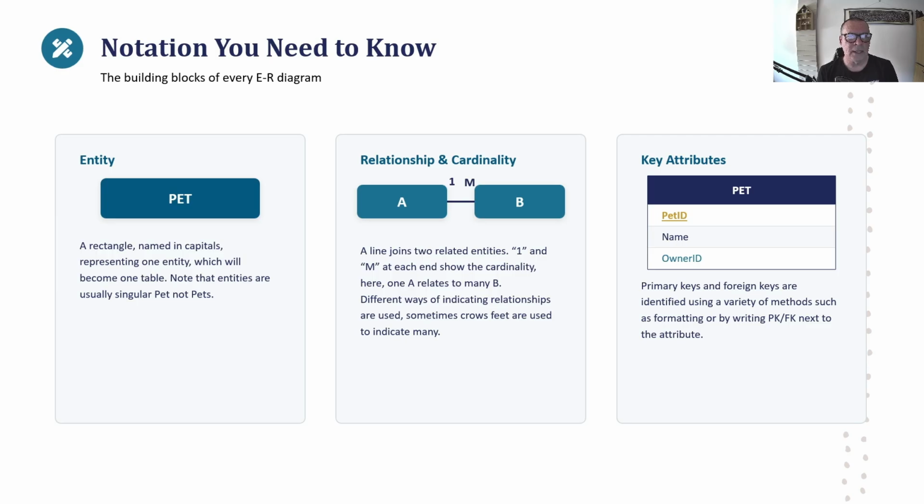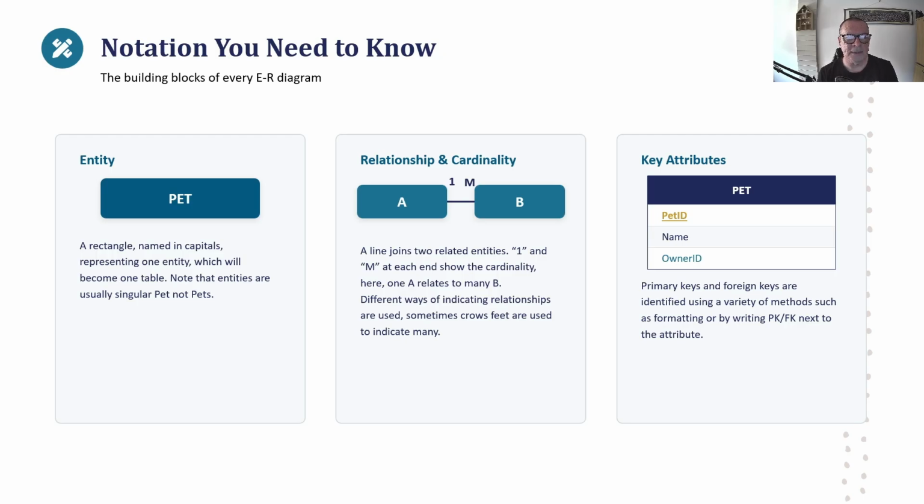And then cardinality, again, various ways of showing the cardinality. You can label with things like 1 and M for one-to-many, or M and M, or 1 and 1. Sometimes people use crow's feet, different kinds of line styles and shapes. So you'll see all kinds of ways of doing it, but the idea is always the same.